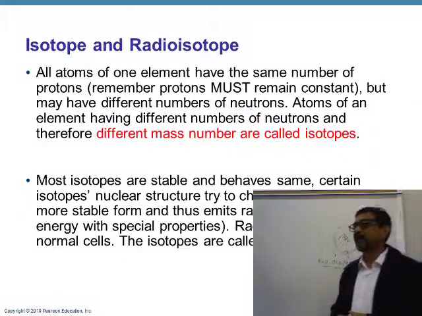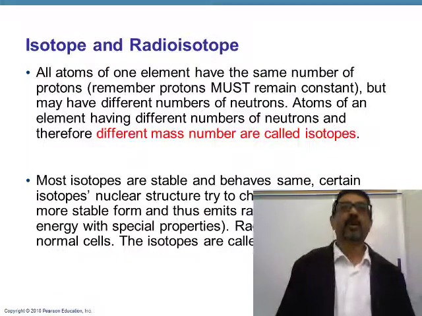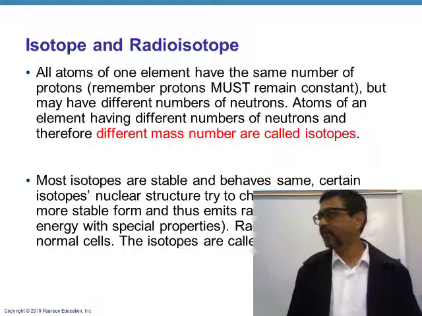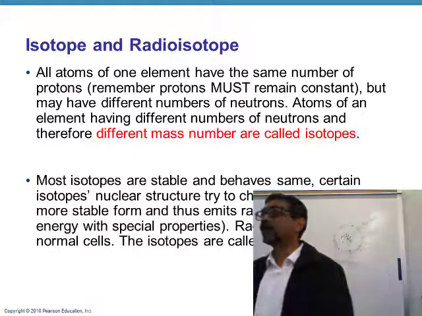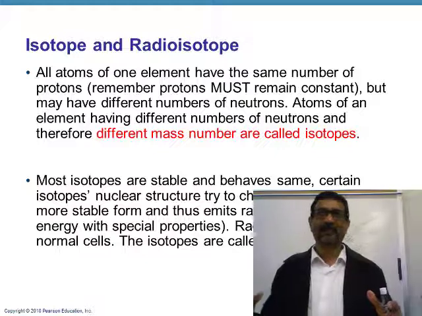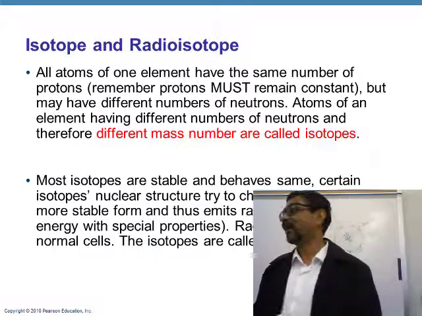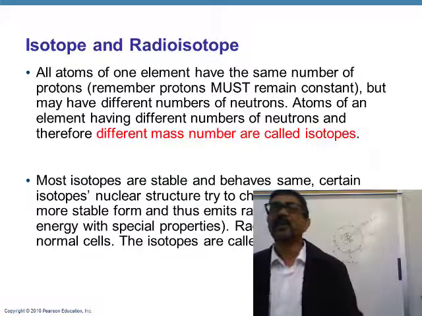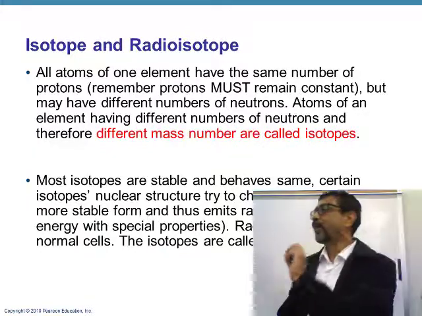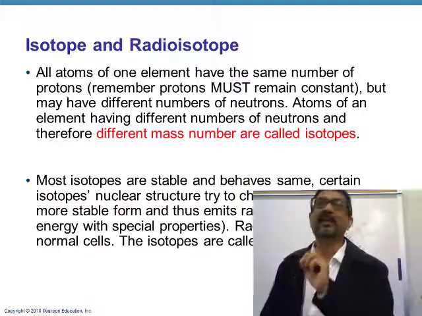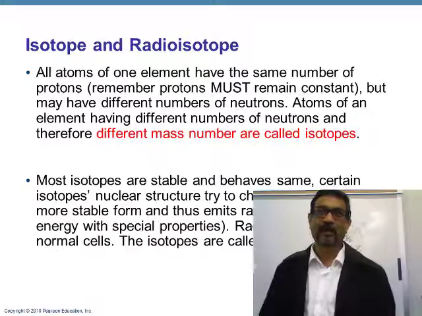Isotopes are used for some good purposes. For example, to preserve the food, okay, we use certain isotopes. Radioisotopes could be very harmful for the body, can kill the living cells of the body.